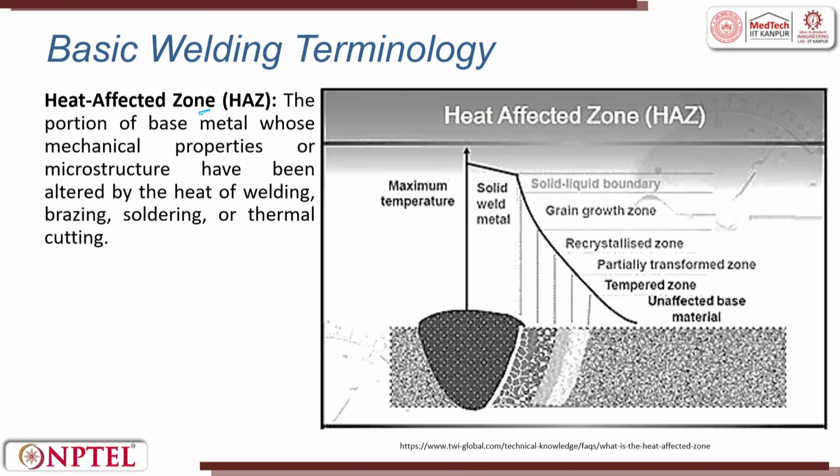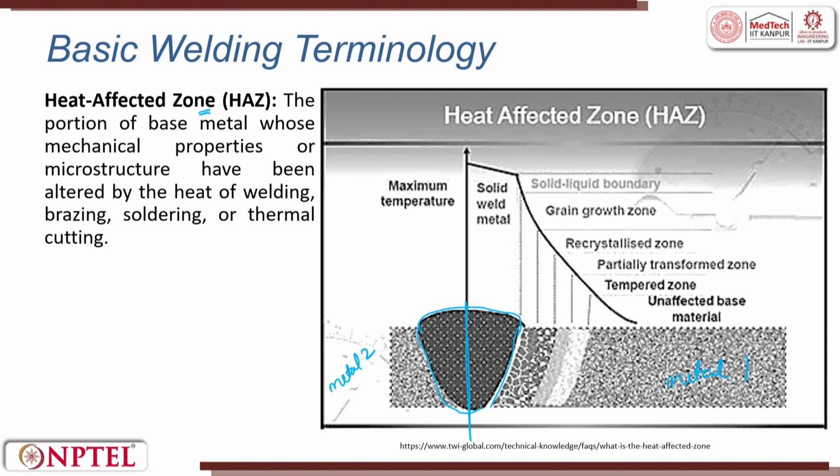This is what we were trying to discuss briefly in the beginning of this lecture, the heat affected zone. If we take a cross section, this is the weld material which is deposited. You have metal 1 and metal 2, two different materials. Now a welding material is poured and the welding happens.